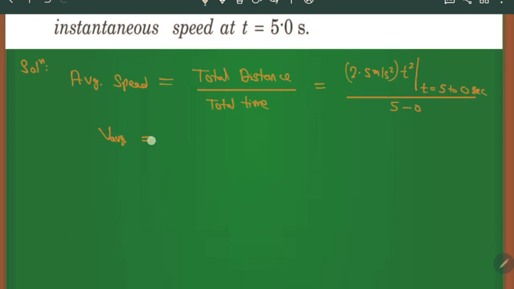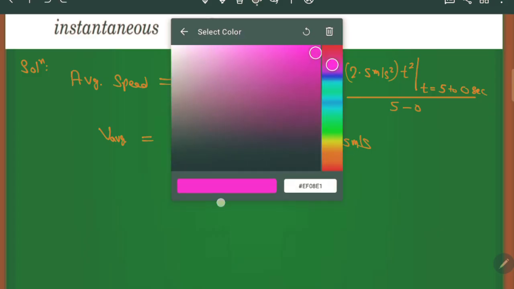So average speed is basically 2.5 into 5 square divided by 5. So if 5 and 5 cancel, that becomes 2.5 into 5, that comes out to be 12.5 meter per second.